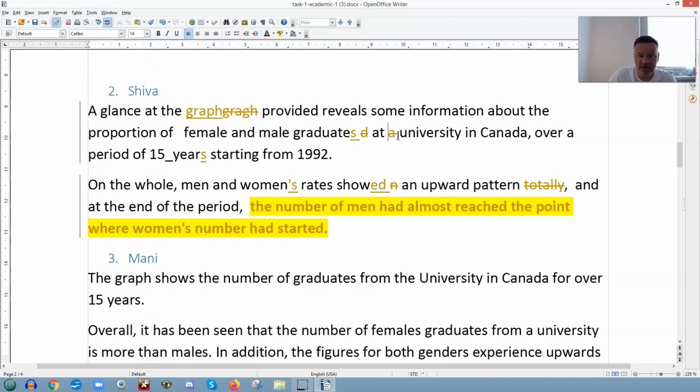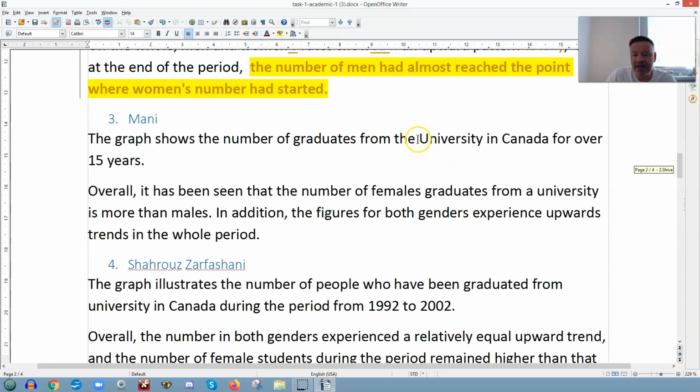Right, I should have changed that, universities in Canada, because it's universities in general. Okay. And again, we've got to be very careful what we include. So universities, it's not just one, it's the whole of Canada, okay? In Canada for over 15 years, okay.